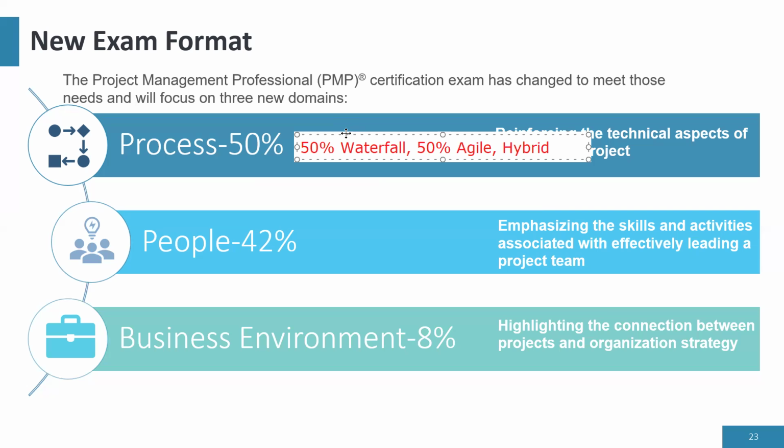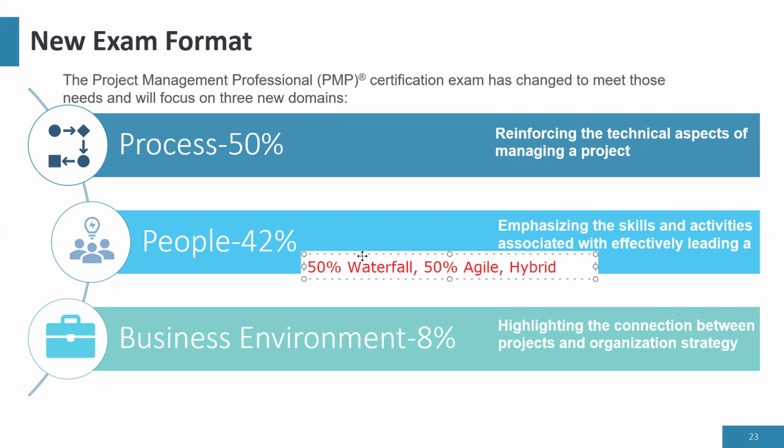That's what it means. So we also have 42% on people, right? So when we look at 42%, 21% will be how you deal with people in waterfall, 21% will be how you deal with people in agile and hybrid.